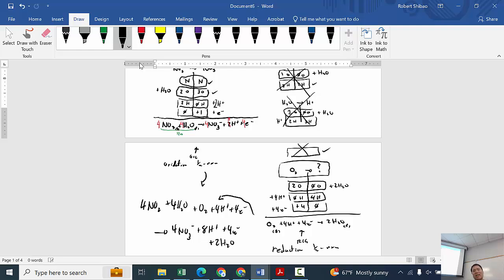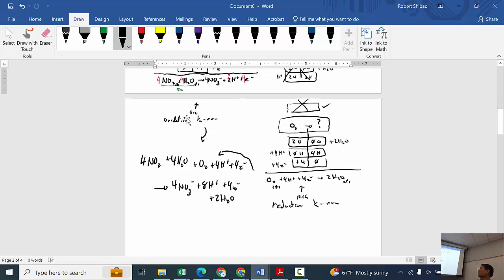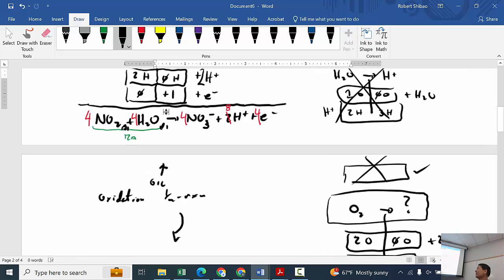Before I get too far, I'd like to see if there's a driving force for this. But when I do that, can I use the chart for this particular one? And the answer is I can't use the chart because I know the chart. I'm quite familiar with the chart.